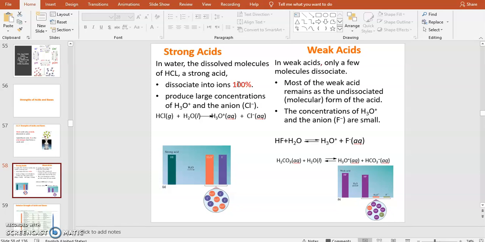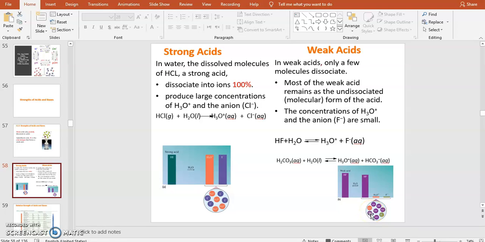On the other side, the weak acids. The weak acids are like this acid here, hydrofluoric acid. It's weak, and by weak we mean it's not 100% dissociated in water. If you look at the molecules, you can see 3 colors.